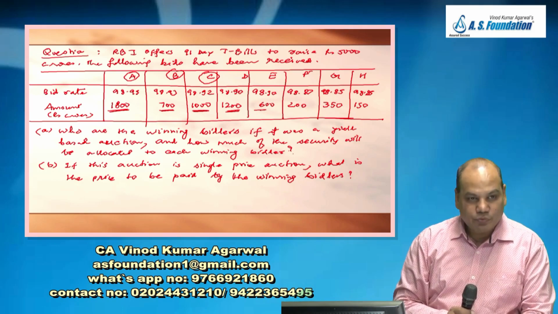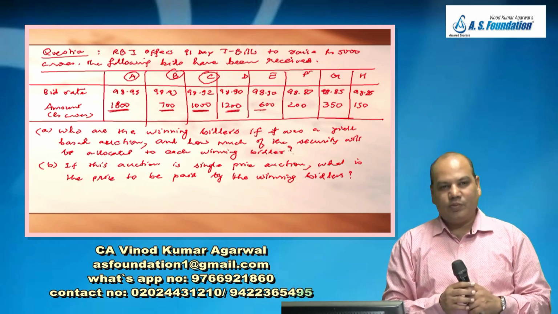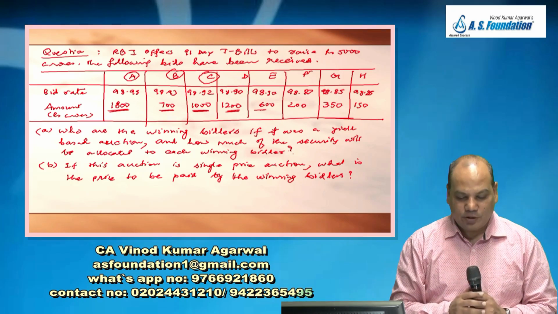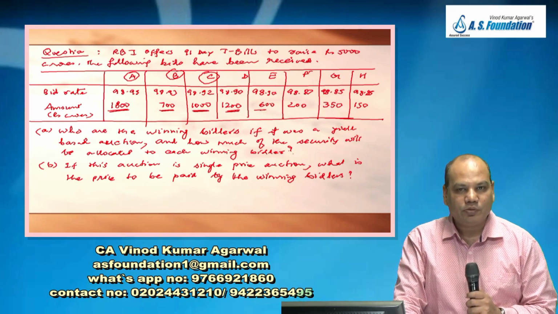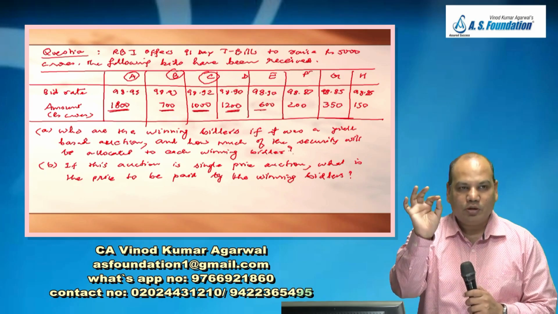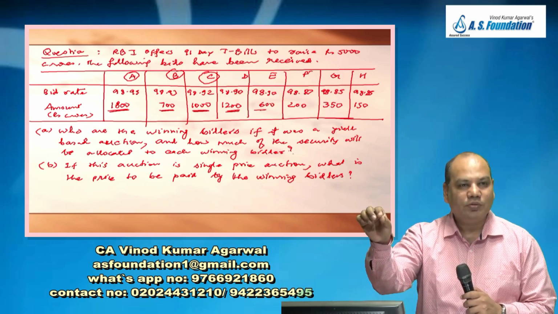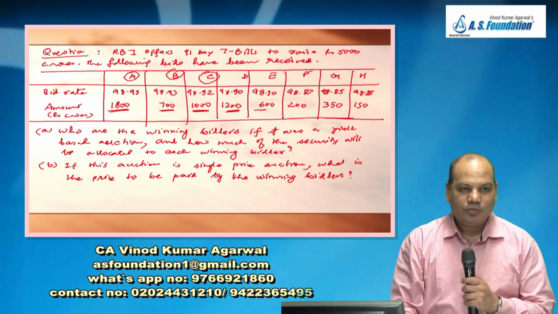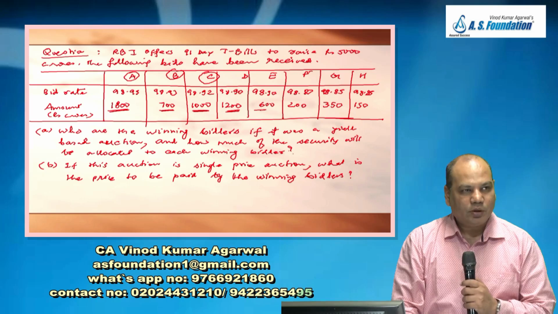First write down, fully accepted bids will be as follows. Now you draw 3 columns in your notebook. First column, bidder, middle column, price quoted, and third column, amount.